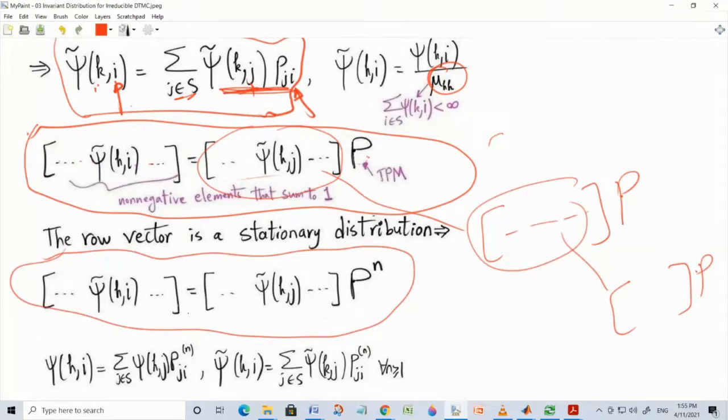So this psi tilde vector is an eigenvector not just for the transition probability matrix, but for all its powers.